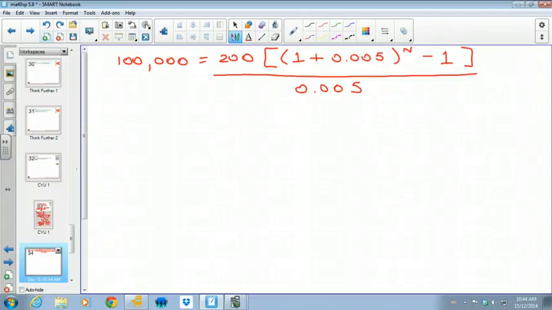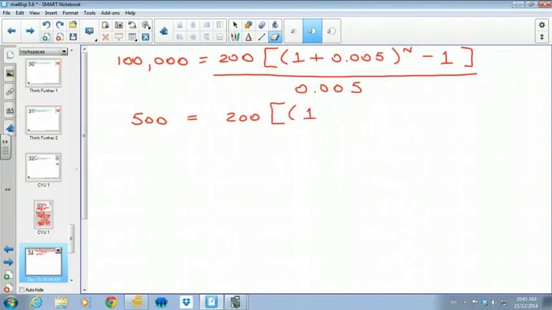What is 0.005 times 100,000? 500? Someone say that? 500 there? 500 equals 200 times 1 plus 0.005. Why don't we simplify that now too? That becomes 1.005 to the n minus 1.